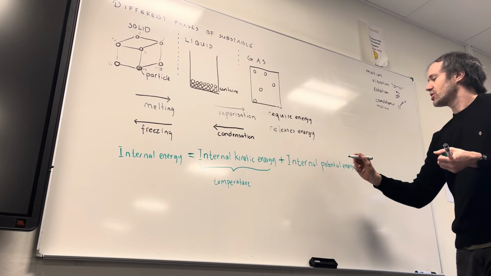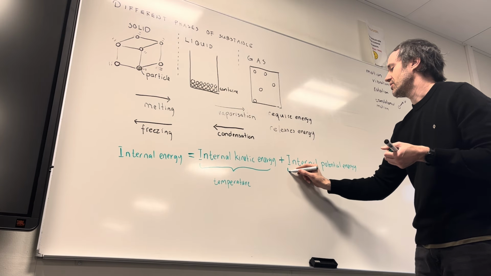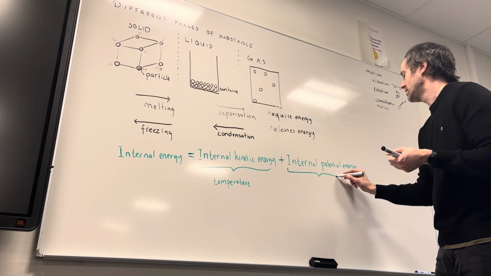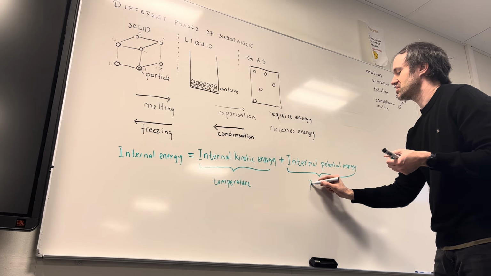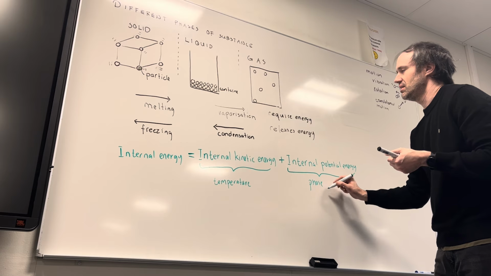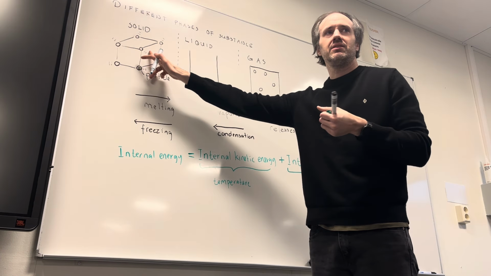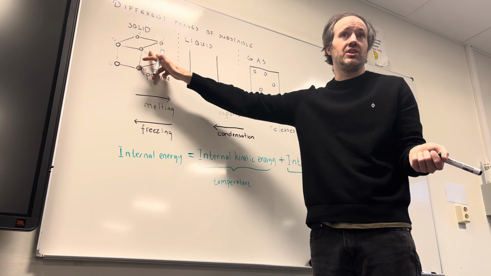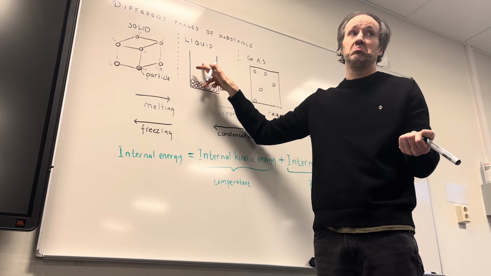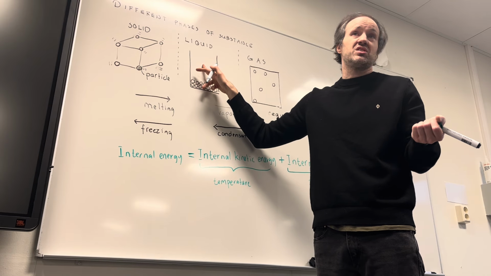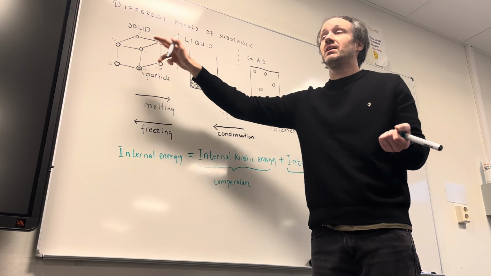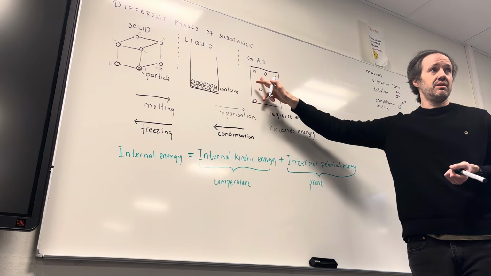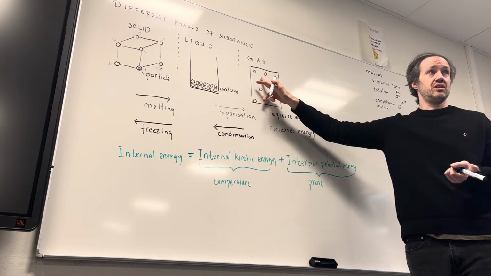So, internal potential energy has to do with the phase the substance is in. Solid, little potential energy. Liquid, small potential energy, but still a bit bigger than for a solid. Gas, bigger internal potential energy.